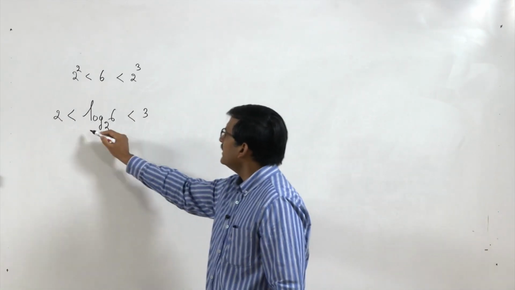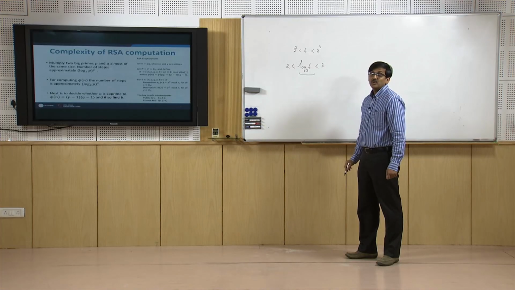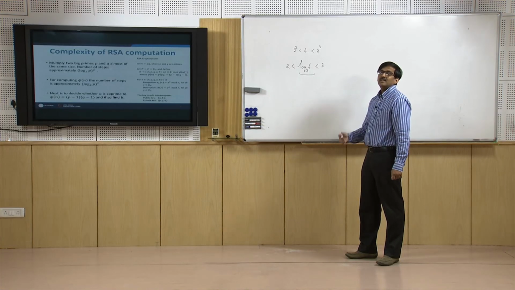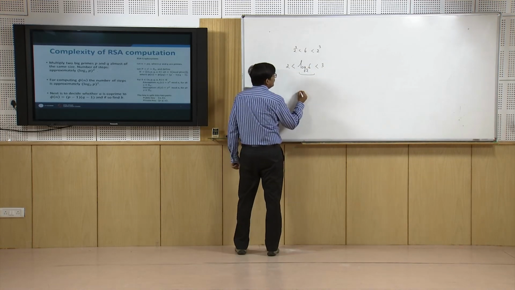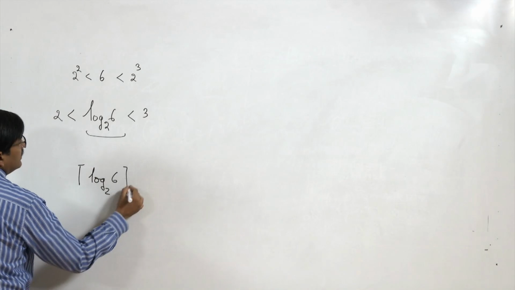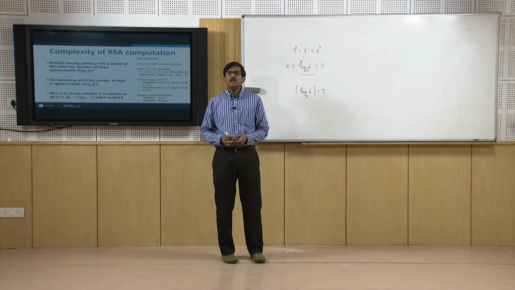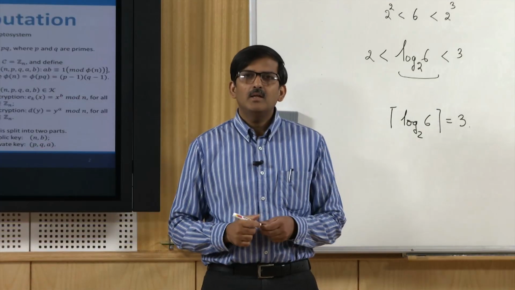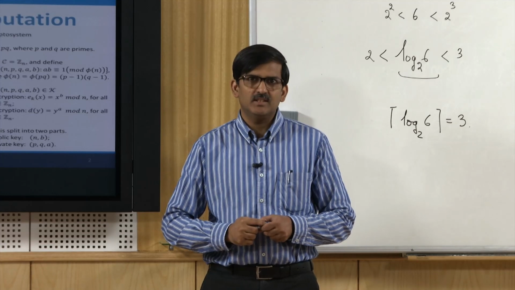It will be a fraction between 2 and 3, and so if we take the ceiling of log to base 2 of 6, then I will get 3, and this means that I need at least 3 bits to represent 6.